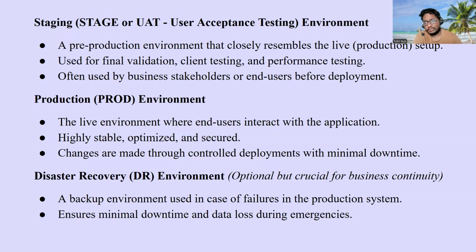They will be doing final validation of the software or product which the developers have built, often used by business stakeholders or end users before deployment. Deployment is nothing but releasing it to the actual users or real world.